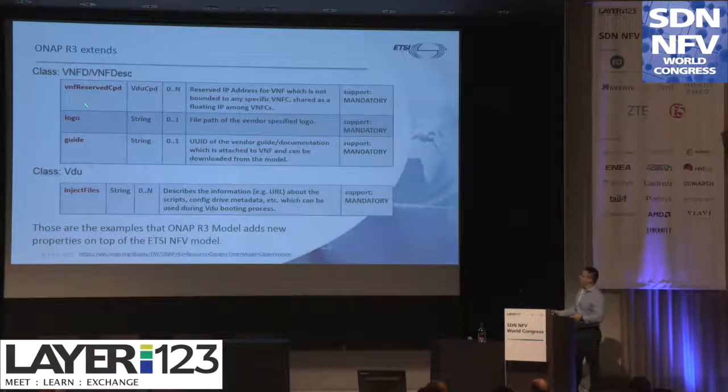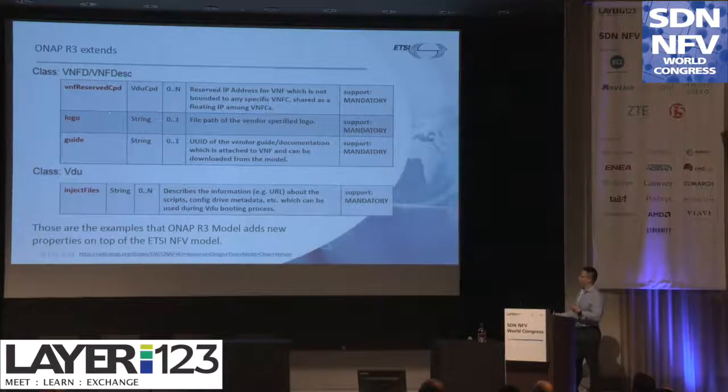So here, in the ONAP R3 module, they add some extensions, like the VNF reserved CP, logo, guide, and all the inject files. All those are based on the ONAP requirement, and they haven't been introduced in the NFV spec.